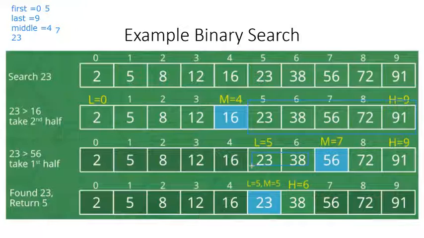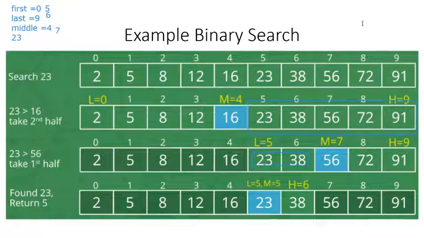The index of the first element will still stay 5, whereas the index of the last element will be 1 minus the middle, which is 6. So what will be the new value of last? The new value of last will be 6.